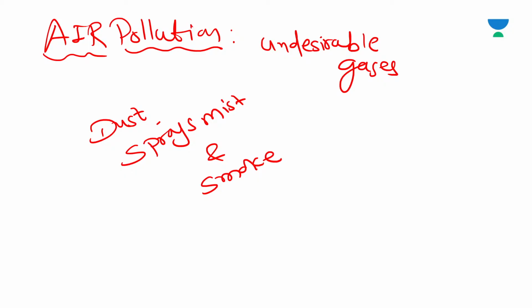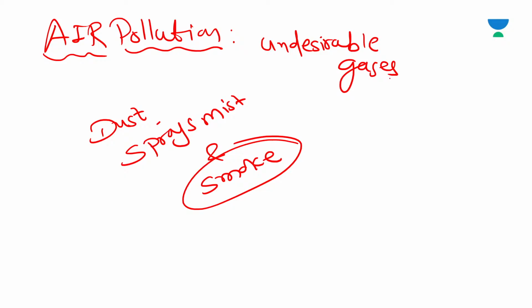Now, the smoke is emitted by chemical and paper factories, brick kilns, refineries, and smelting plants, and burning of fossil fuels in big and small factories that ignore pollution norms.